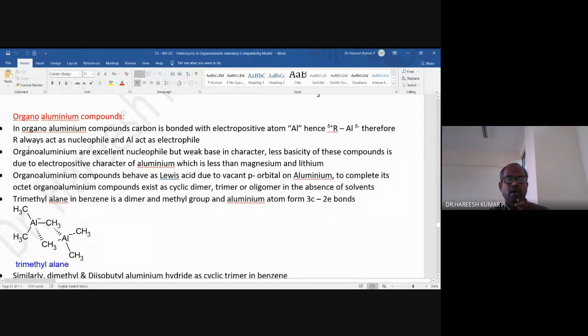Therefore R always acts as, it should not be a nucleophile, no? It should be an electrophile because it's accepting electrons, because R is electropositive in nature.